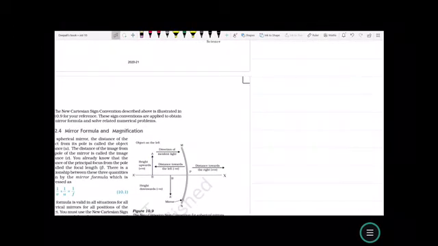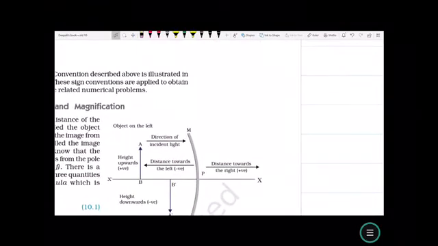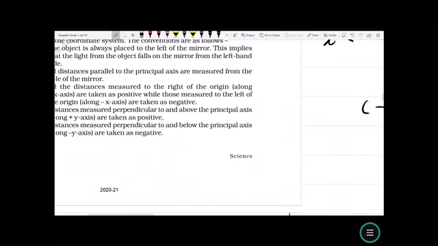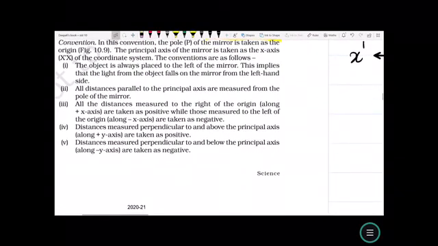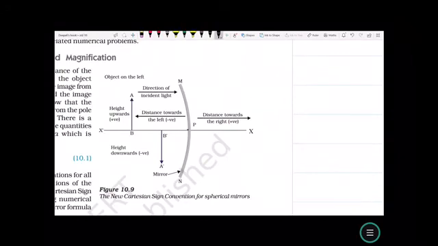If you observe the diagram here, we can easily understand it with the convex mirror. The object is kept on the left hand side and the light, that is the incident ray, will move from left towards the right. Now, all the distances parallel to the principal axis are measured from the pole of the mirror.